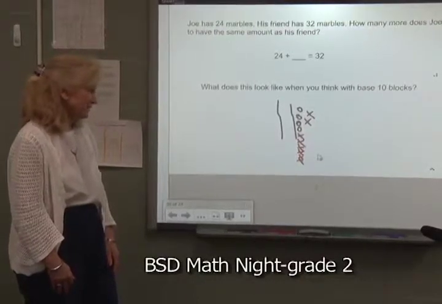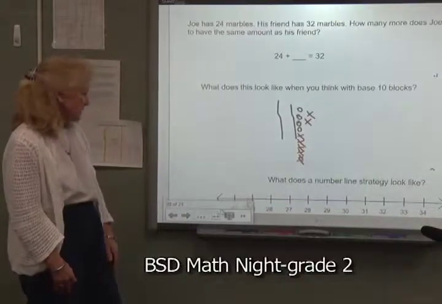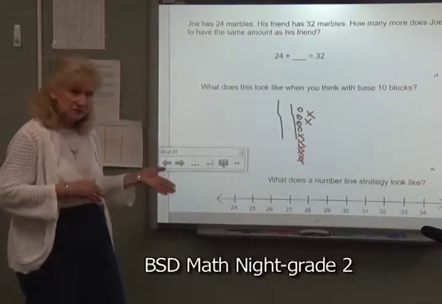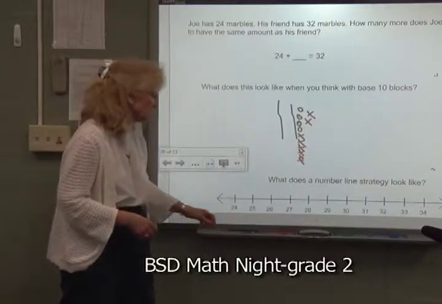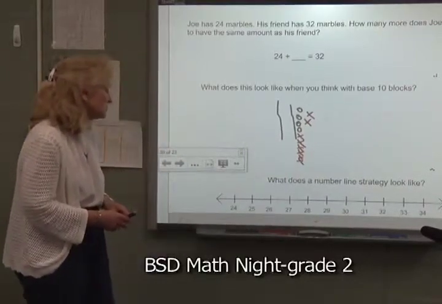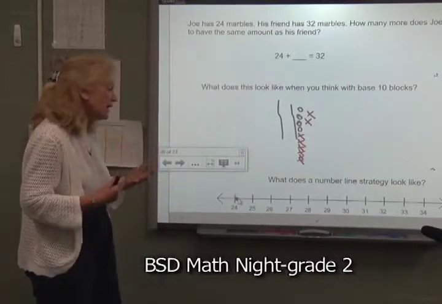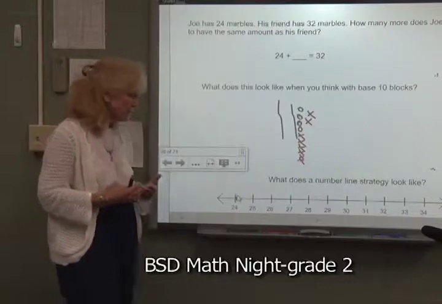Okay. Sally, was there anything else on that page? There we go. What does the number line strategy look like? Remember, the number line is introduced in 1st grade, and children work with it extensively in 2nd grade. I'm going to start at 24, and I want to get up to 32. Remember those benchmarks, those anchor tens?